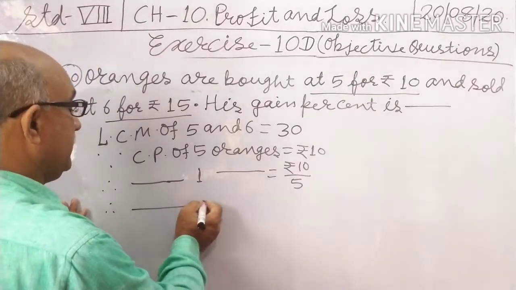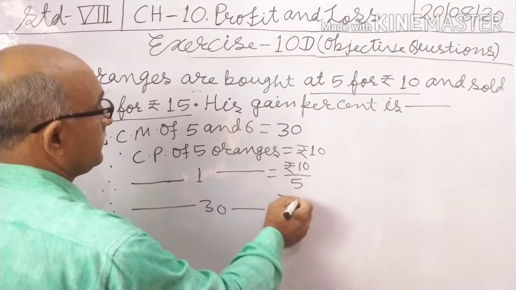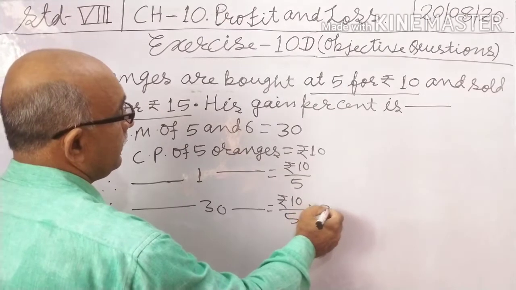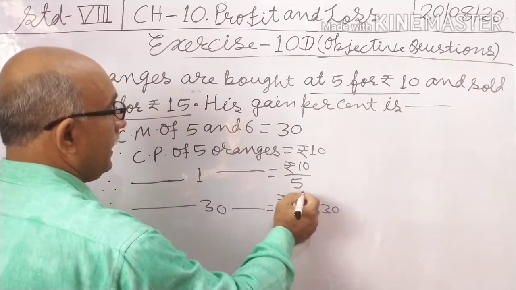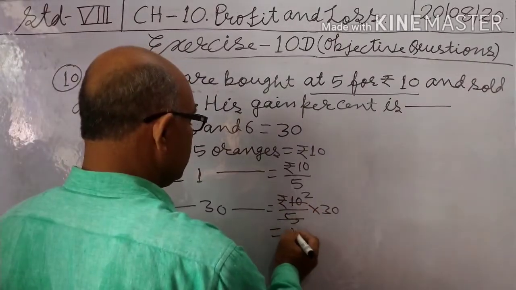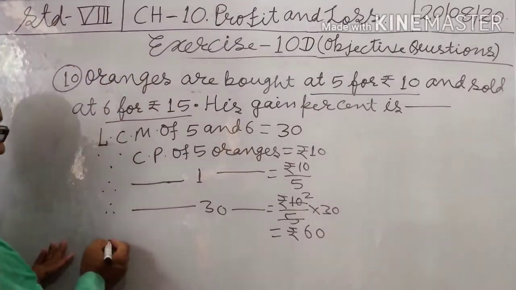Therefore CP of 30 oranges, 10 by 5 into 30, 5 sixes are 30, equal to 2 into 30 is rupees 60.